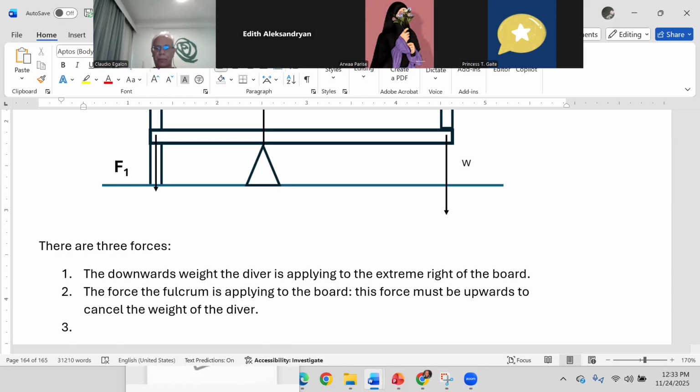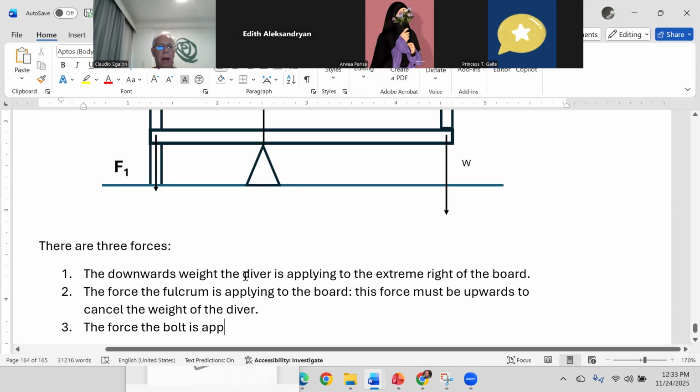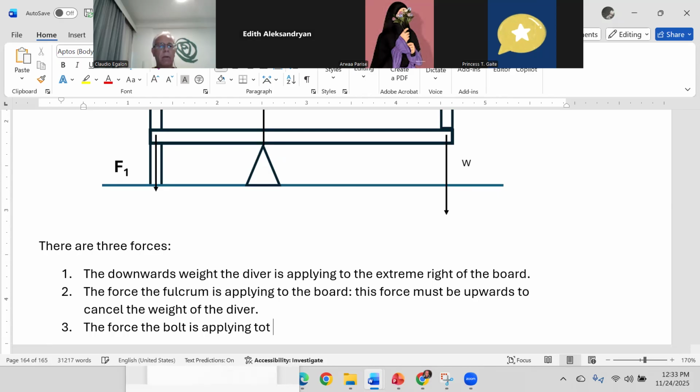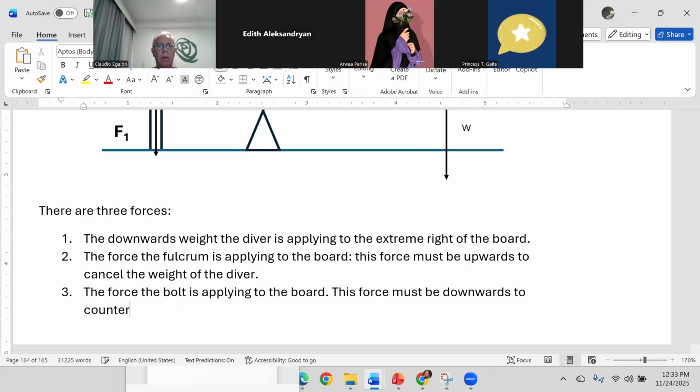Three, the force the boat is applying to the board, okay? This force must be downwards to counter the torque of the weight of the diver.